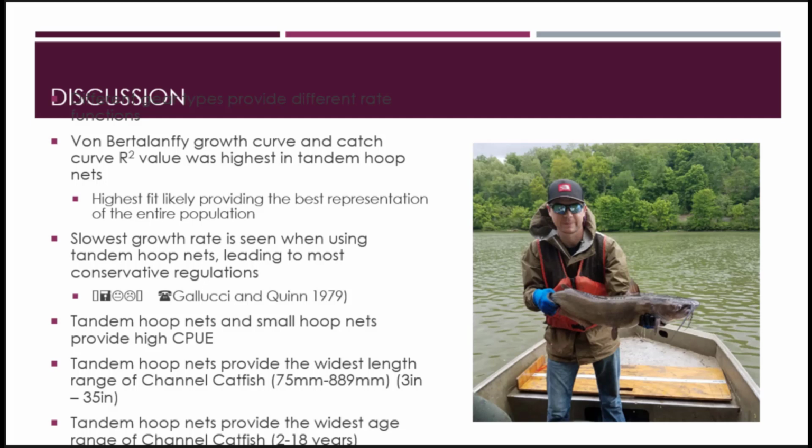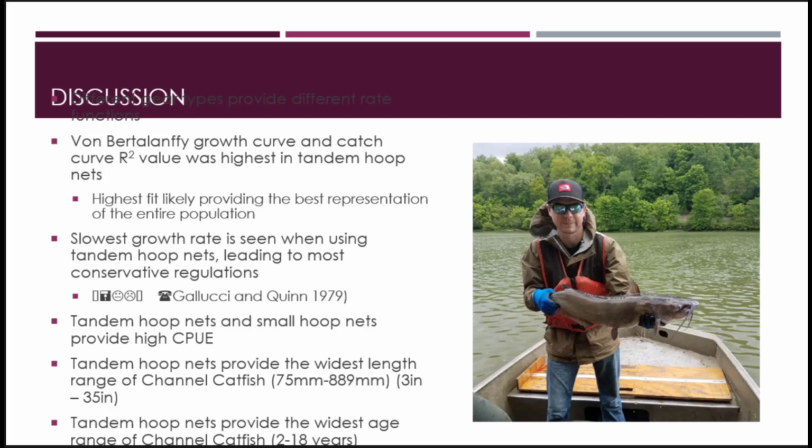And I don't know why this didn't show up, but in the Gallucci and Quinn paper, what they did was they took L infinity multiplied by K and another value, I'm sorry, I can't remember. But they were using that as a function of trying to compare the growth, and we see that growth was slowest when we used the double or the tandem hoop nets.